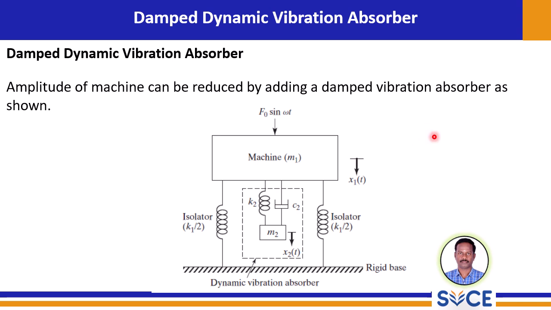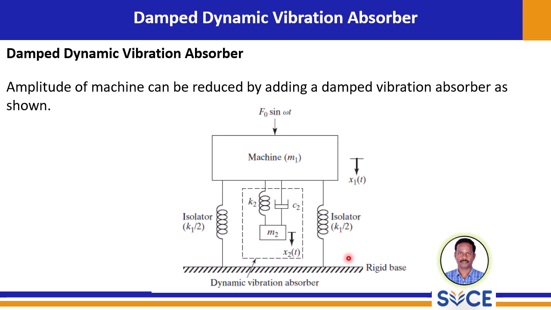In summary, the inclusion of damping in a dynamic vibration absorber makes it a more practical and robust solution for controlling unwanted vibrations. It provides effective vibration reduction over a wider frequency band and keeps the absorber motion within reasonable limits.